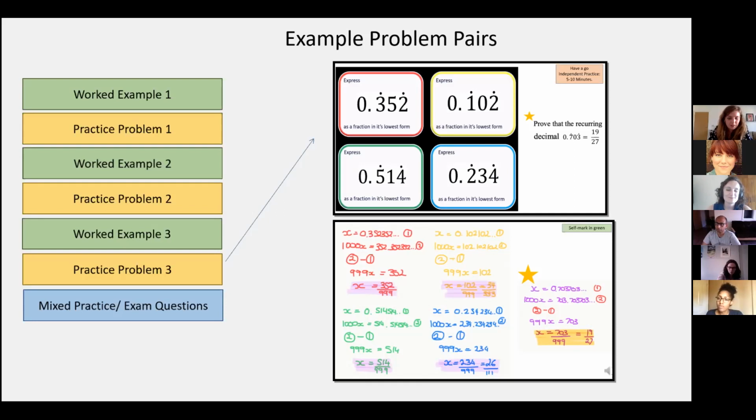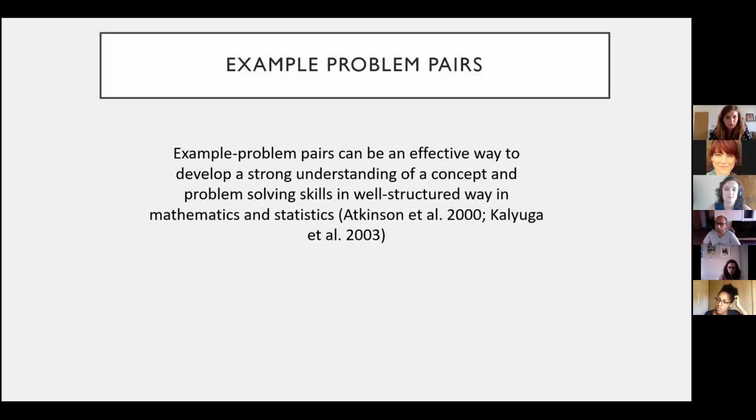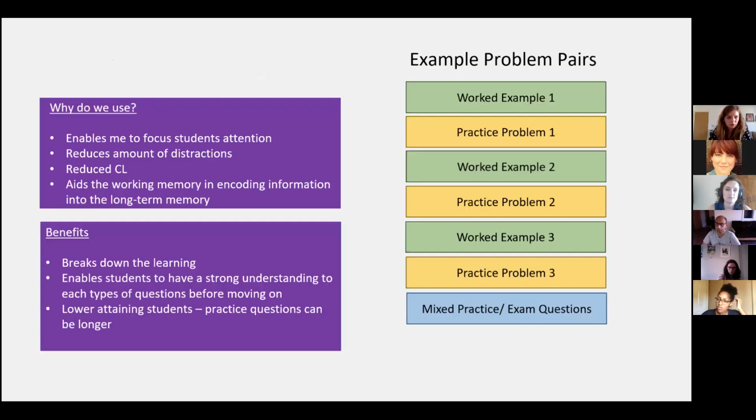Are there any other questions from anybody, or any follow-up questions? Would you go through this same process at a later date in a follow-up lesson? Depends on what set and what I was teaching, really.